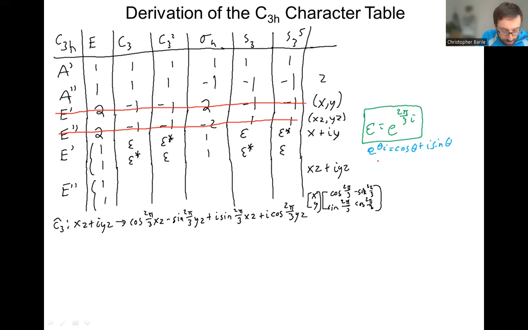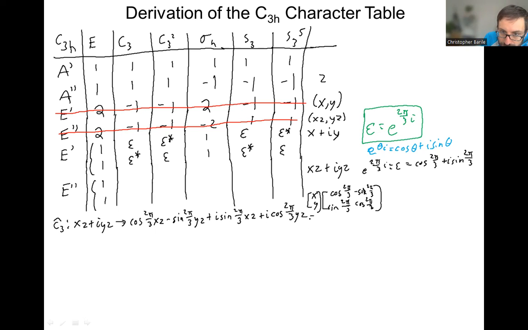So e to the 2 pi i over 3, which equals epsilon, equals cosine 2 pi over 3 plus i sine 2 pi over 3.